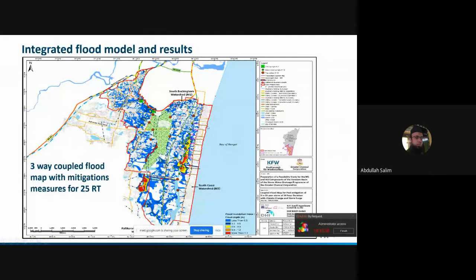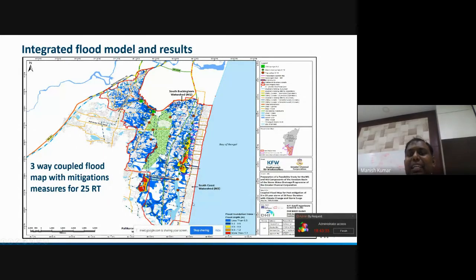We have used the sea level as a boundary condition, and whenever there are high tides, we have the tide forecasting also using CMAP. So if there are tides which can enter this basin, that component is also incorporated.